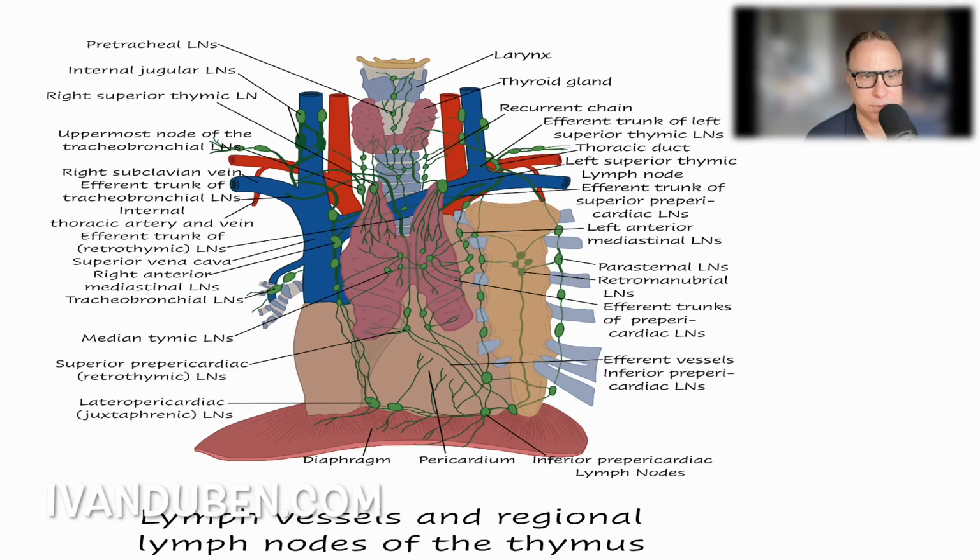Here again, we're looking at the mediastinum and complex imagery, but at the bottom here we do have the diaphragm, and we can see how these nodes, these are deep nodes that are connecting in through the mediastinum, supporting all the structures, connecting from deep to superficial.